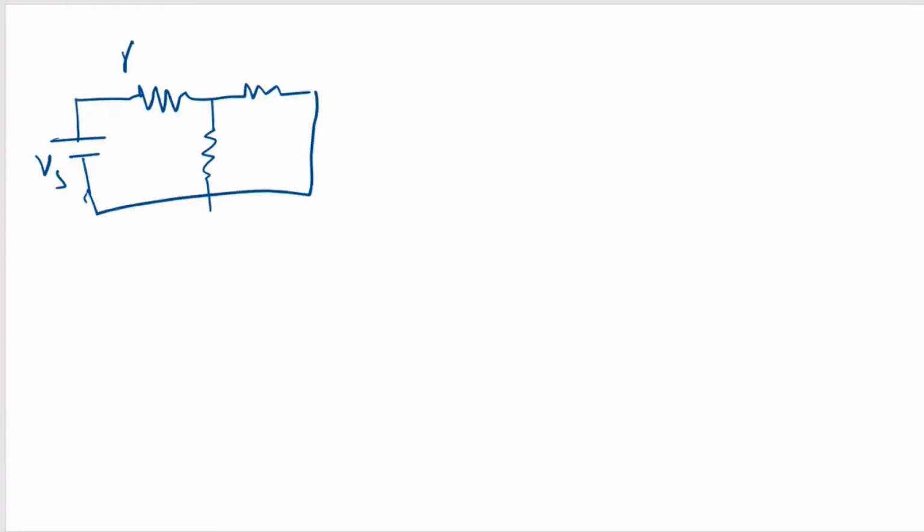The voltage at node A is V1, and this is 0 volts. So Vs minus V1 by R1 is equal to V1 minus 0 by R2 plus V1 minus 0 by R3.